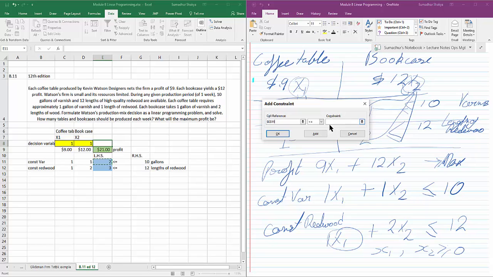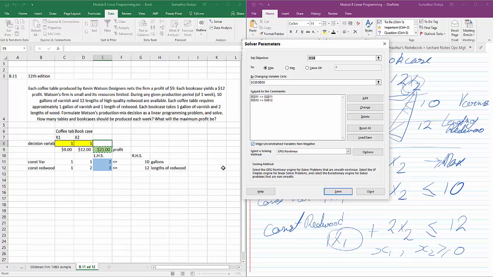This cell has to stay less than or equal to the right hand side, and we add one more wherein this calculated constraint for the redwood has to stay less than or equal to 12. This is the last constraint, so I'm going to hit OK and make sure this is checked. This takes care of the requirement that x1 and x2 be non-negative, which means x1 can be either 0 or more. There is no such thing as making a negative number of coffee tables and bookcases. Then we want to use the simplex linear programming algorithm, and we hit solve.